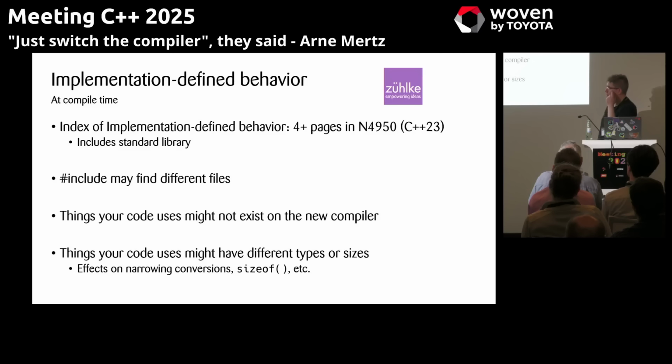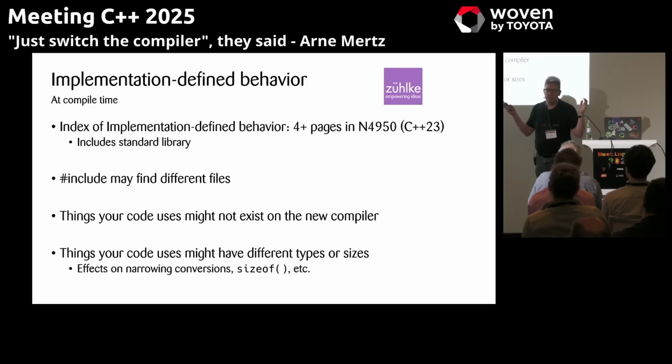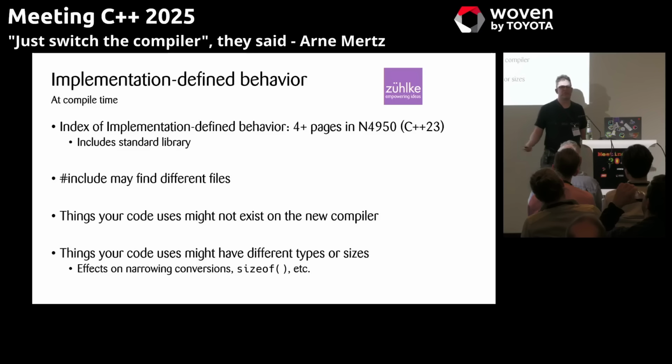Things that your code uses might have different types or sizes. Many return types of vector, begin, iterators, whatever, may be of different types. Something we came across recently is the begin and end iterator of a string_view. In one compiler, it was an actual iterator class that was a thin wrapper around a character pointer. In another compiler, it was just a character pointer.